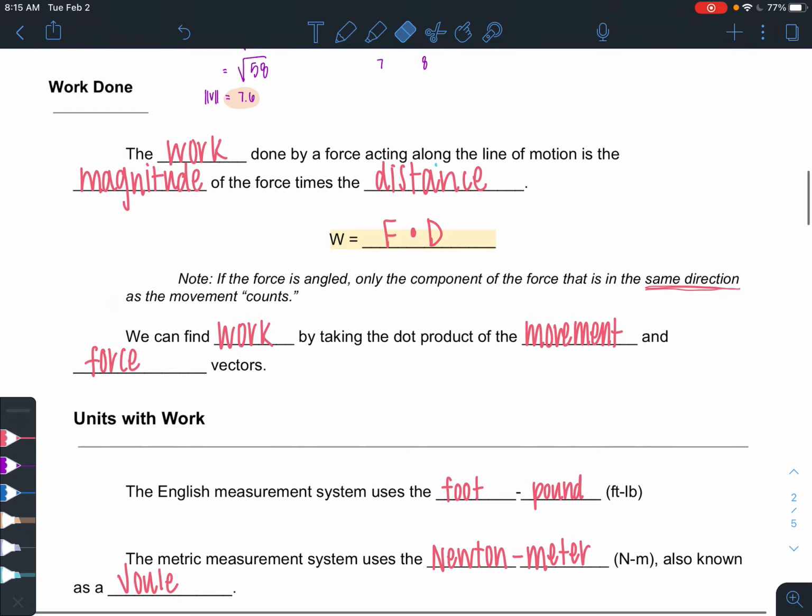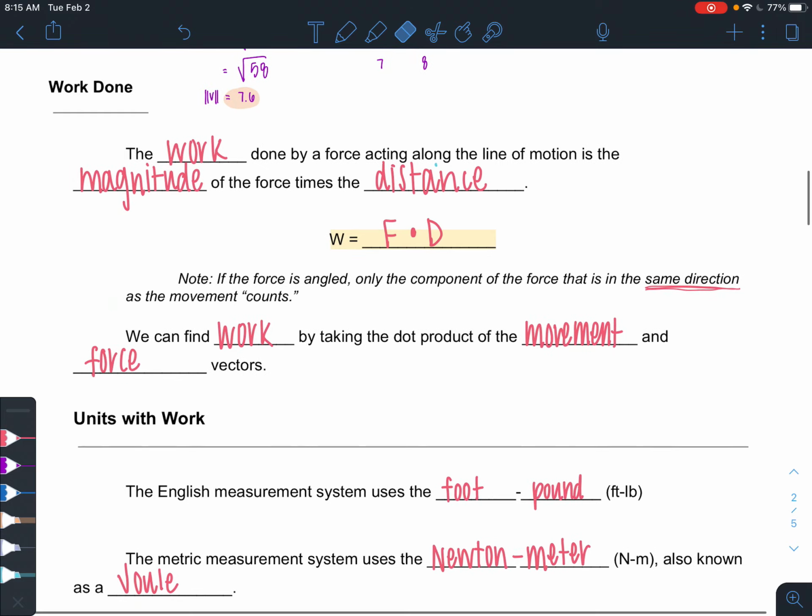It's not going to be real pretty, but here I have a stone being lifted into the air, and it's 75 pounds, and it's going 10 feet into the air.